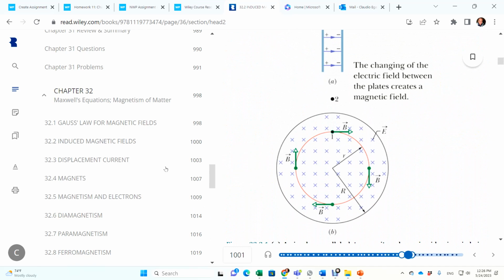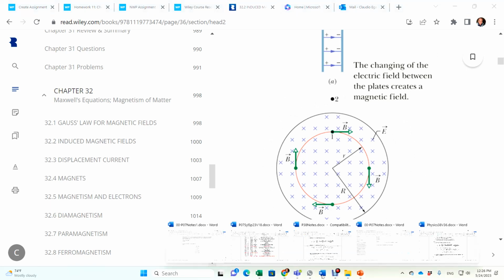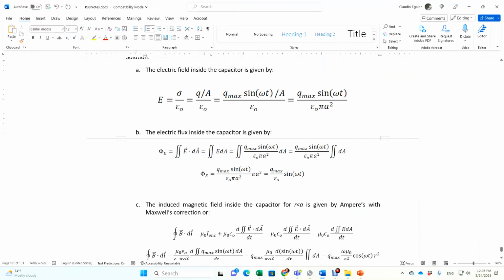This one here, r greater than a. What would be the magnetic field here? From the center to the radius a, the magnetic field increases linearly. But what is the behavior of the magnetic field in this region for r greater than a, right? We did something similar for the electric field.